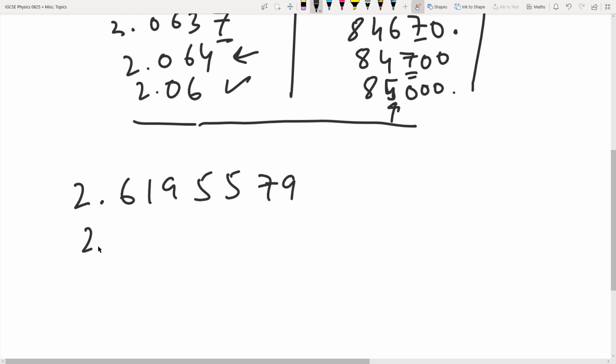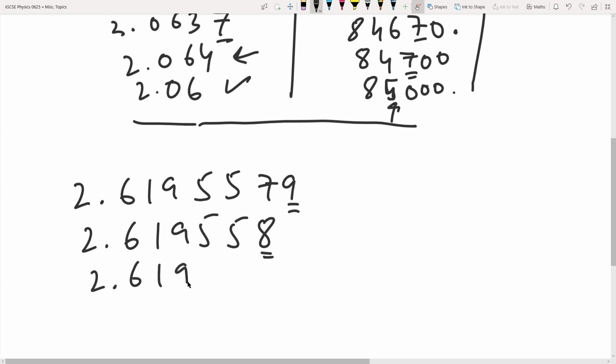To round it off, this 9 will be rounded off, and this 8 will be rounded off, then 2.61956, and again this 6 will be rounded off, 2.6196.